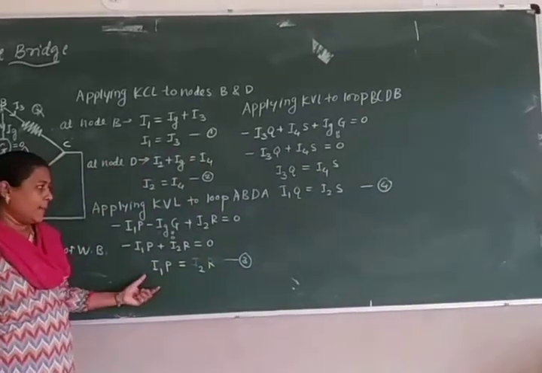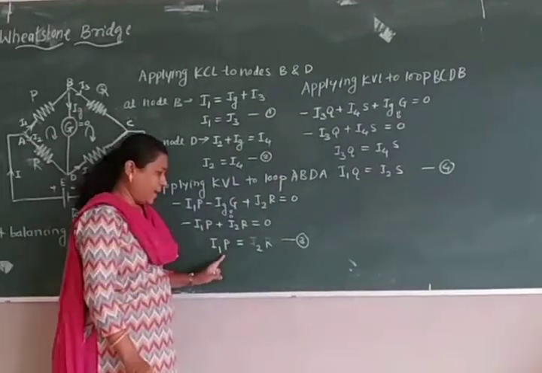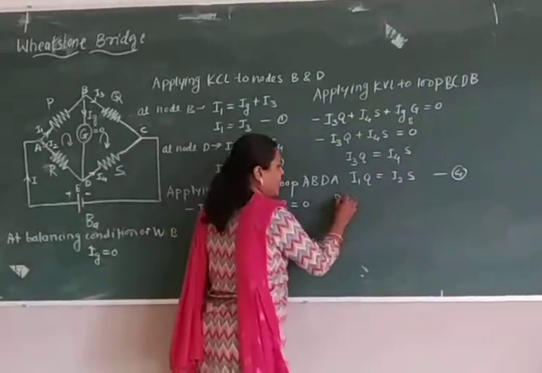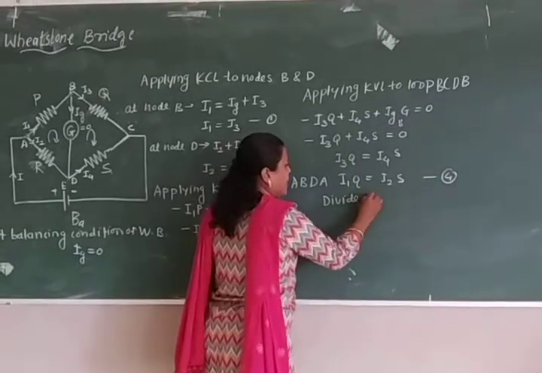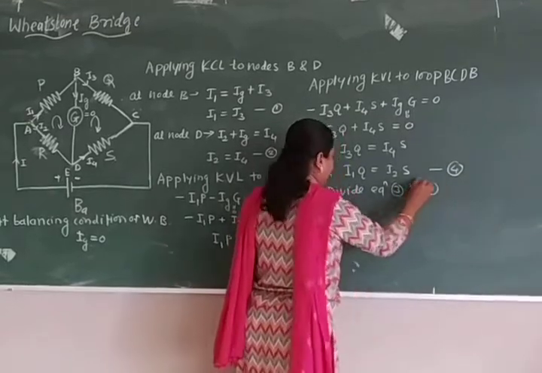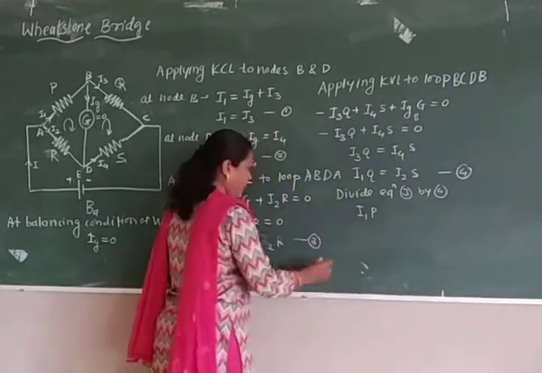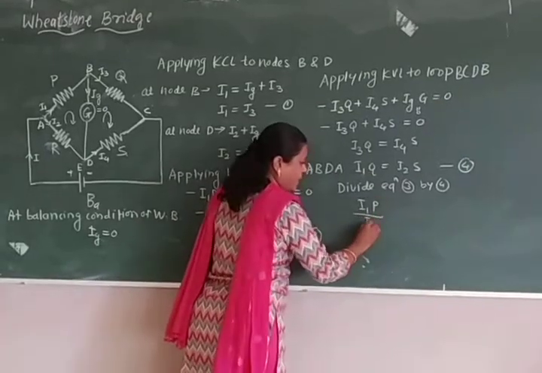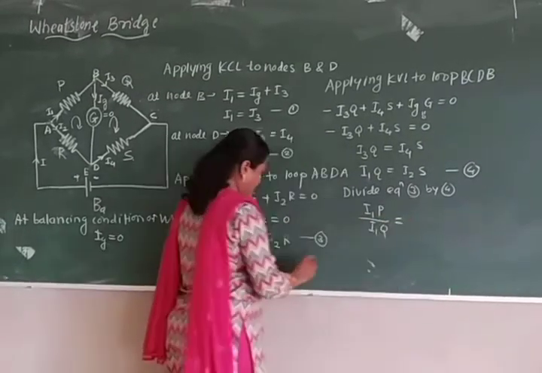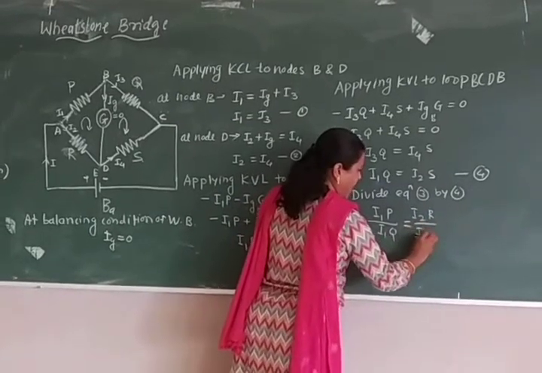Now the final step, divide equation 3 by 4. So I1P divided by I1Q is equal to I2R divided by I2S.